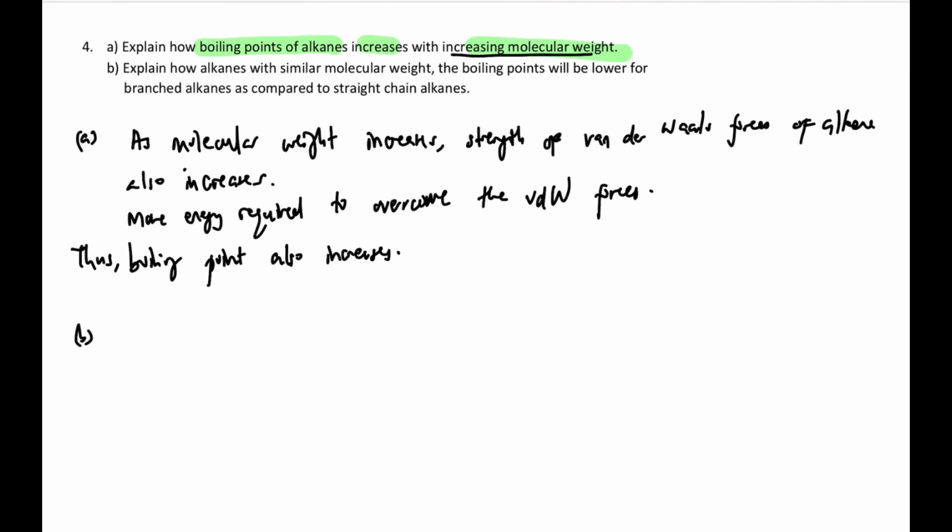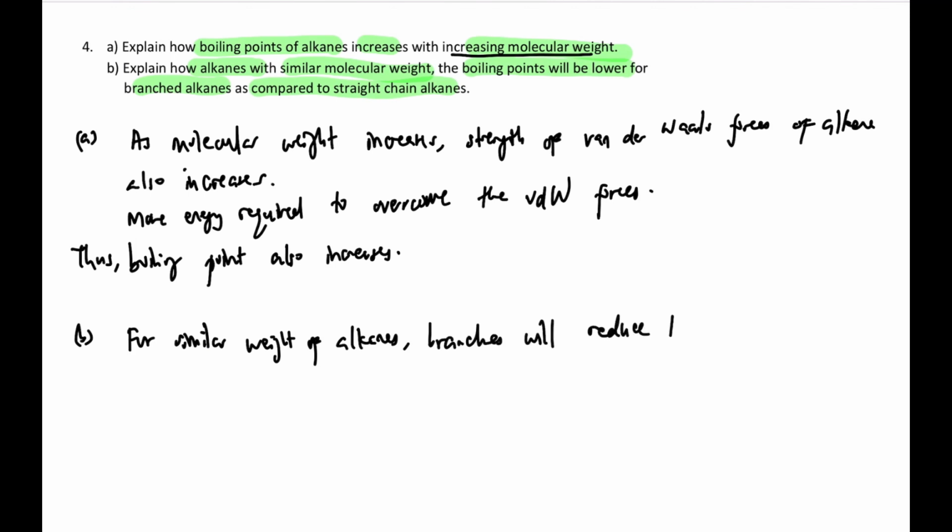Okay, and then question B. For question B here, how alkanes with similar molecular weight, the boiling point will be low for branch alkanes as compared to straight chain alkanes. Okay, the thing is, for similar weight of alkane, branches will reduce the surface area of contact.